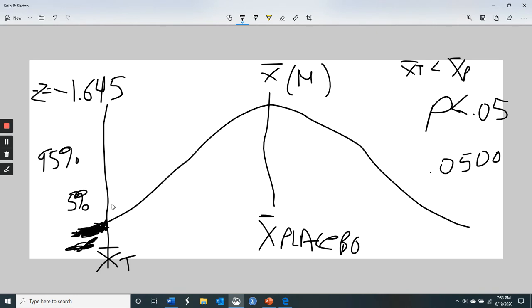So if our treatment group crosses this line and therefore is that much more or less on depression compared to our placebo group, then we can say that we're 95% sure that these findings, that our drug works in decreasing depression, applies to the population. And we only have a 5% or less chance of making a type 1 error, where we're saying that something happened and it didn't. So hopefully that's understandable about what a critical value is.